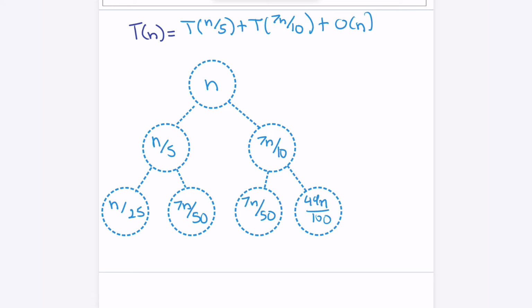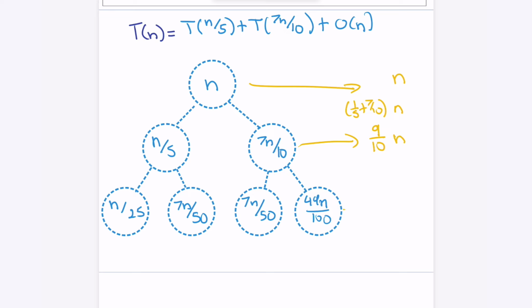Okay. So if I look at the total work on the top level, what would that be? Not a trick question. Okay, what about the second level? Yeah, 9n over 10. We can write 9, 10. You can also think of that as 1/5 plus 7 over 10, times n.